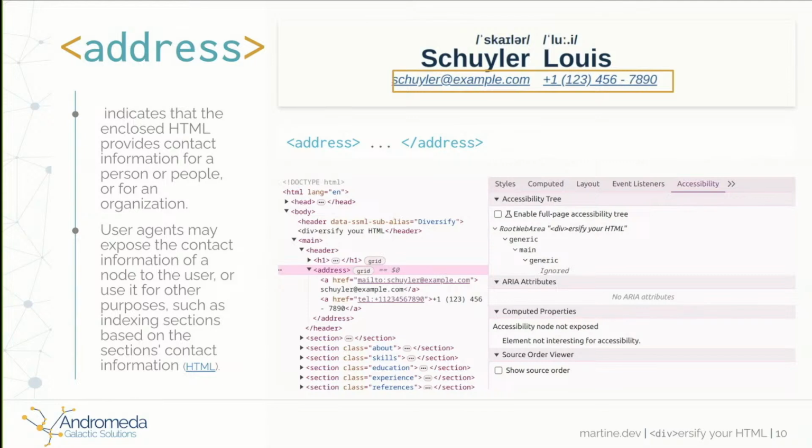What it does do is make it really obvious, if you're looking through a code base from a developer experience perspective, that this is where the contact information lies. There's a little bit of controversy on the internet as to whether or not it helps with SEO, but it exists and it's there. It does have a default style, which puts things in italics, so you can choose to restyle that as you please. That's how that one works.